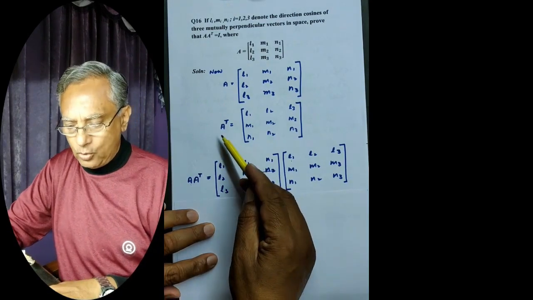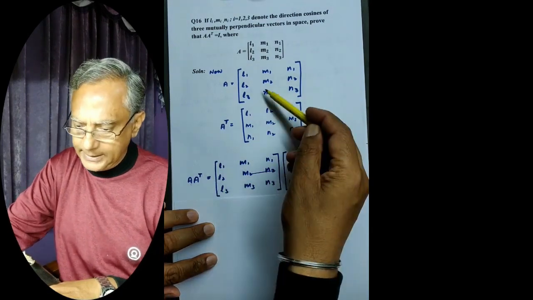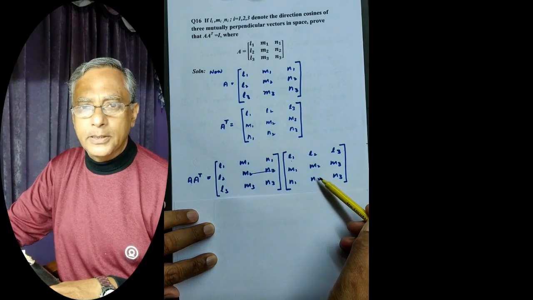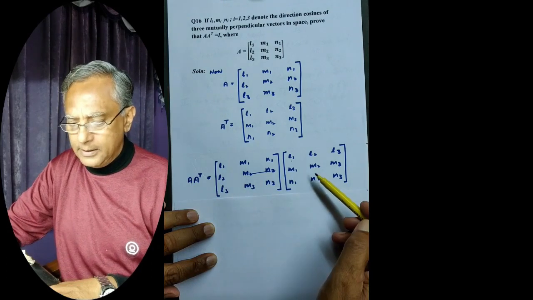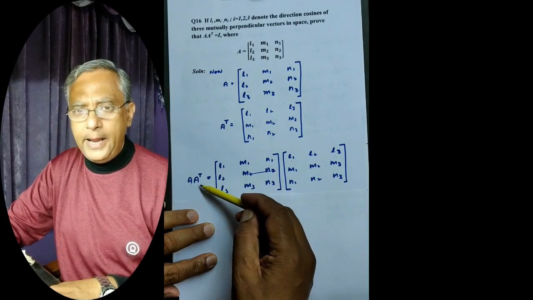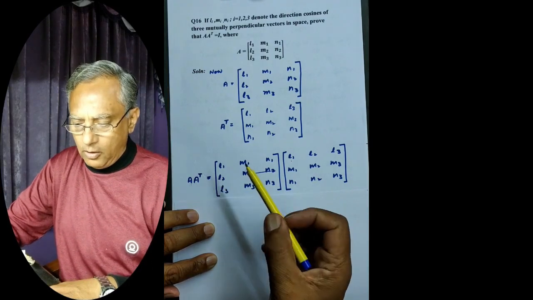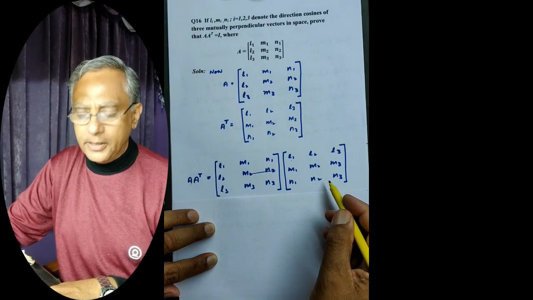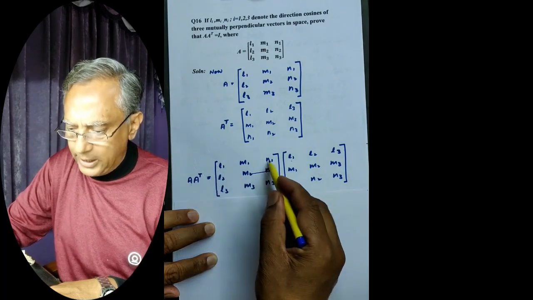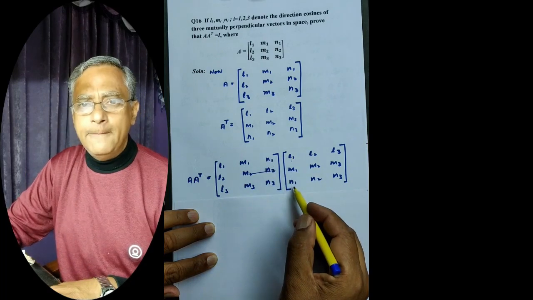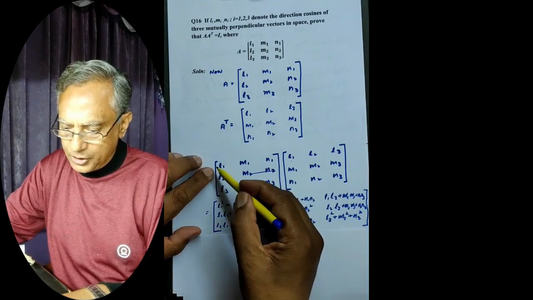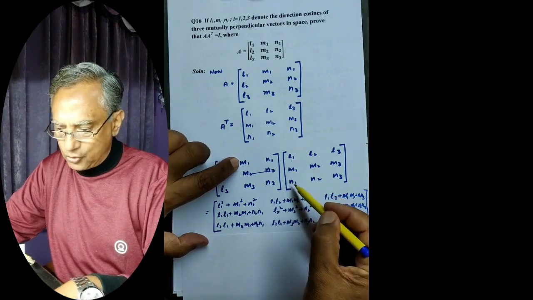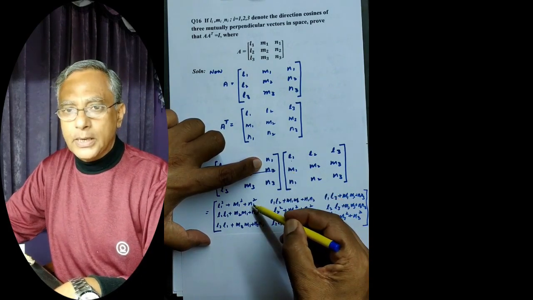And we have to find the product of A and A transpose. Therefore, A into A transpose is equal to A, which is this much, times A transpose, which is this much. Now, matrix multiplication is a row-column multiplication. So the first row will get multiplied with the first column: L1 square plus M1 square plus N1 square.